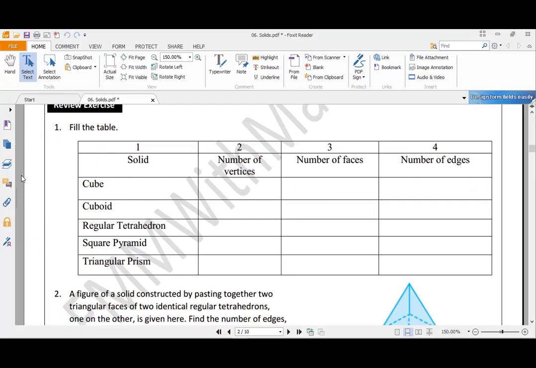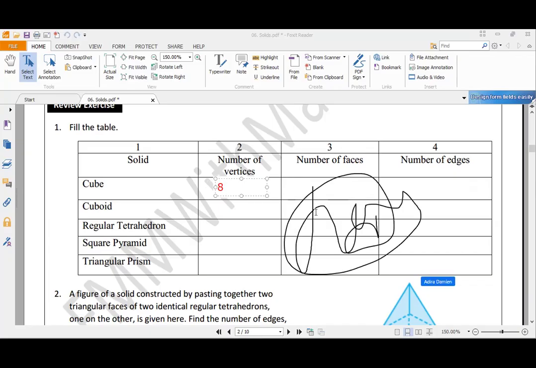First of all, I am going to fill in the cube. Can anyone tell me how many vertices there are in a cube? 8 vertices. Super. Please don't touch the board until I say.